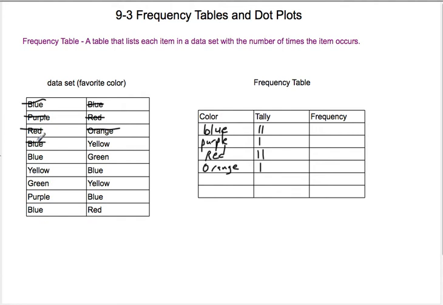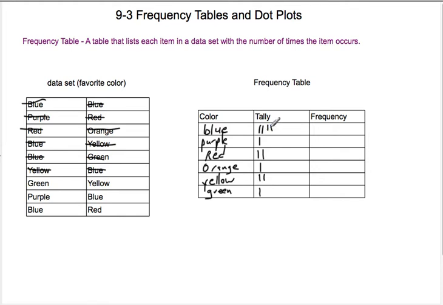Blue again, so 1, 2, see 2 more blues there. Yellow, that's our first yellow. Green, so first green. Back to yellow, so we have one more yellow, one more blue.